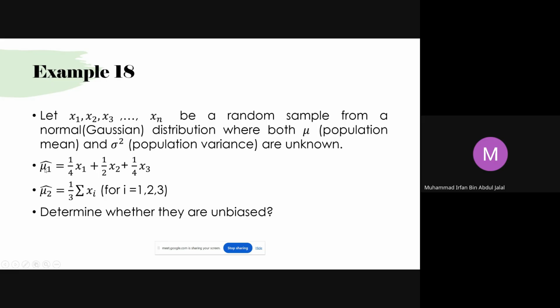The first one is mu hat 1, equal to 1 over 4 times x1 plus 1 over 2 times x2 plus 1 over 4 times x3. But we also have another competing estimator, mu hat 2, which is x1 plus x2 plus x3 divided by 3. In this case, we want to determine which estimator is unbiased, or whether both estimators are unbiased, or both are biased.